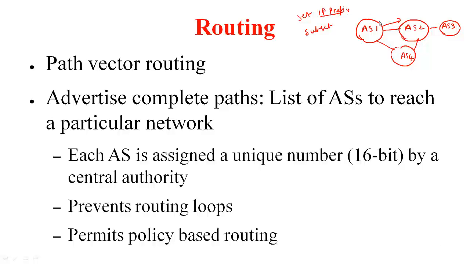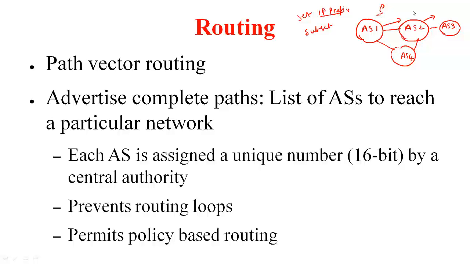So when it exports this particular IP prefix, it is basically telling that this is a prefix I can provide a path to. Now once AS2 receives this particular IP prefix, then again it will apply its own rule, and let's say it also decided to export this. So it is now going to tell AS3 that I can provide a path to this particular IP prefix P.